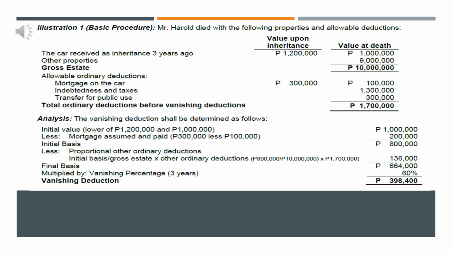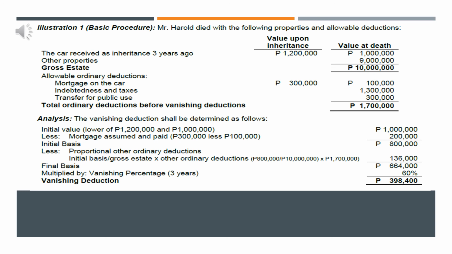Analysis. So, ang vanishing deduction natin will be computed as follows. First is get the initial value. As I said a while ago, the lower or the lesser between the value upon inheritance and the value upon death. So, dito sa example, yung value at death, yung pinaka-lesser, which is 1 million. Ililess natin yung mga mortgage assumed at saka binayaran ng decedent.